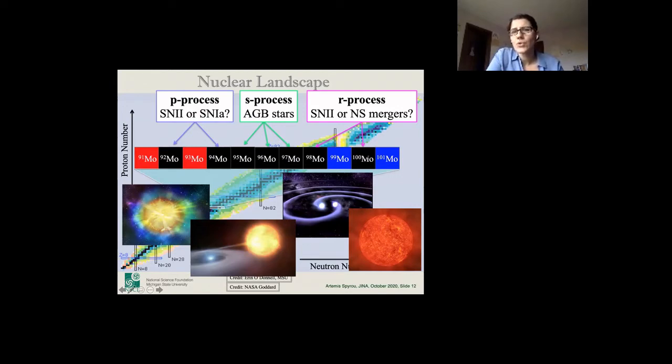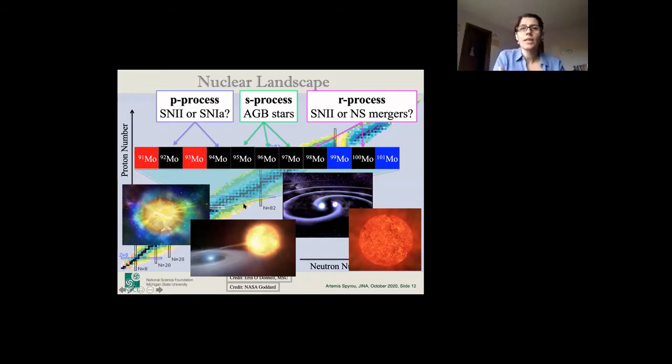And then the last two, again, it's a big question. There might be in neutron star mergers or in supernova, or you have contributions from both. We don't really know yet. But you can see that different isotopes, even from the same element, molybdenum, come from very different stellar environments.